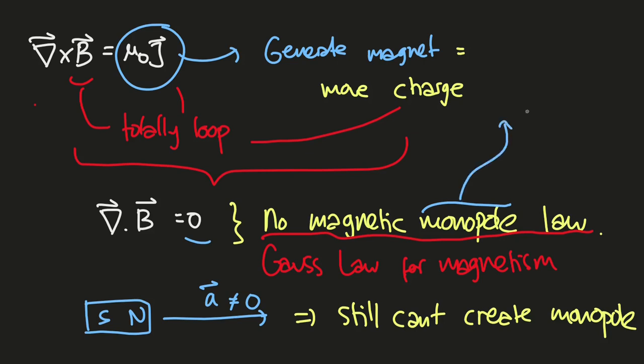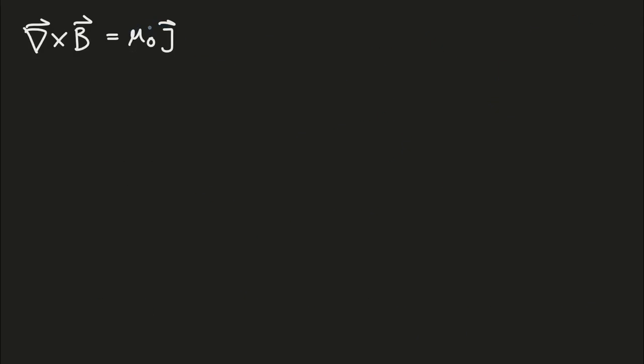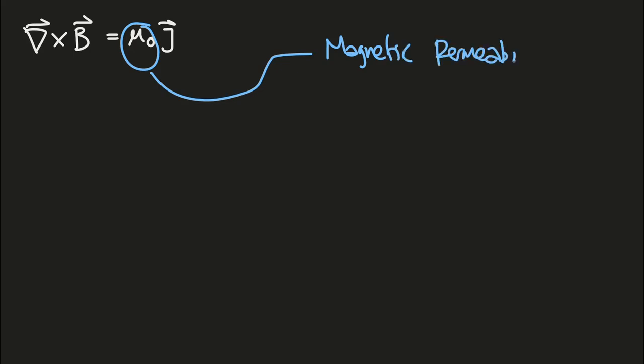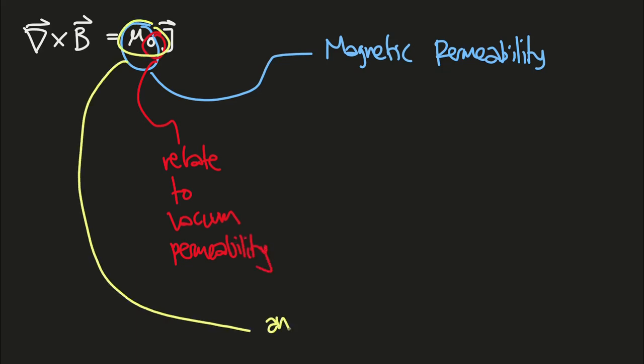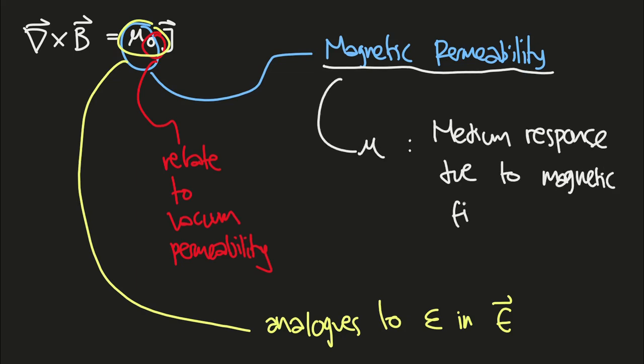So the monopole in electromagnetism exists only in the electric field, as we know as electric charge. And fun fact, this mu0 is the magnetic permeability and 0 denotes vacuum. So mu here is the medium response, analogous to epsilon before as permittivity.